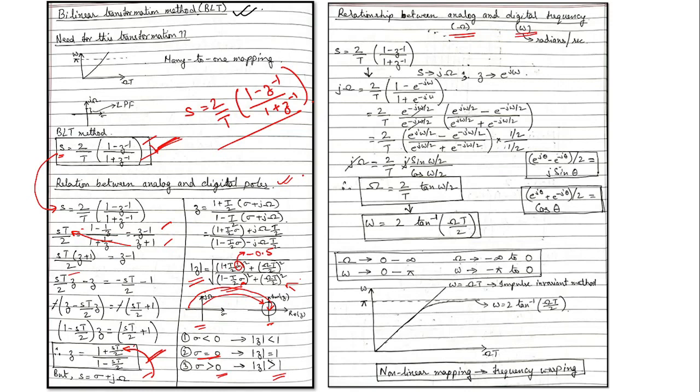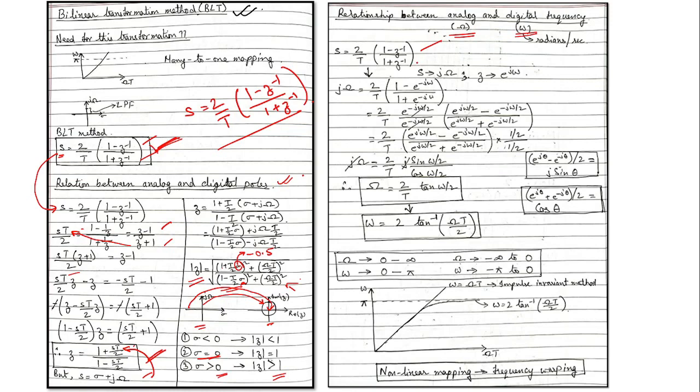Now, just like in our previous case in the impulse invariant method, where we discussed the frequency relationship between the analog frequency and the digital frequency, here also we want the same thing. So again we start with s equals 2 by capital T, 1 minus z inverse divided by 1 plus z inverse.